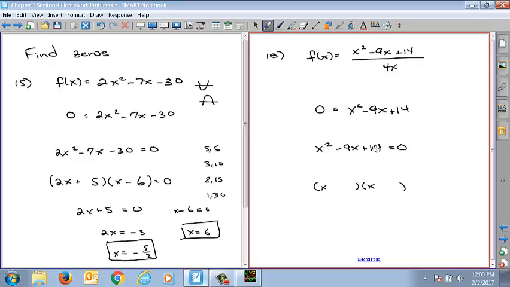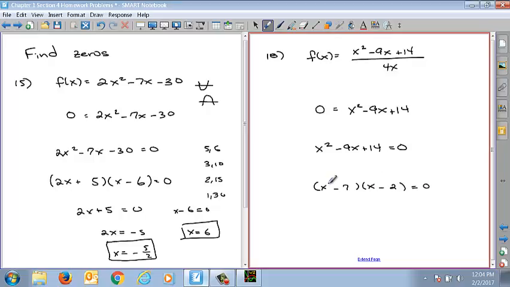So what two numbers multiply together give me 14? Well, 1 and 14, or 2 and 7. And 2 plus 7 is 9, so that looks like a good choice. 7, 2. And they're going to be the same sign because this 14 is positive. So they can be both negative or both positive. And because the middle term here is negative, that means they need to be negative.